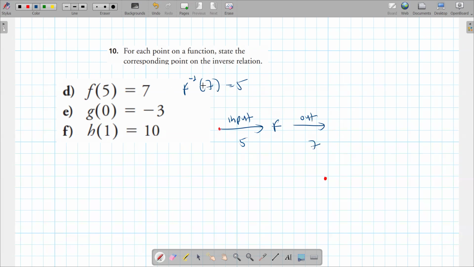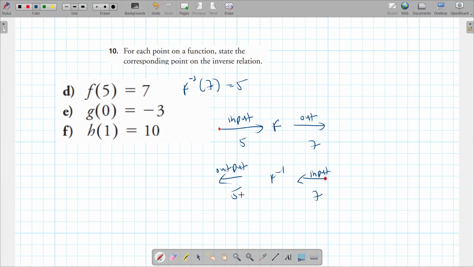So what that means is if you plug the value of 7 into the inverse function, you'll get an output of 5, right? It's the exact opposite. What are we trying to do? We're trying to input 7 in f inverse so that we get output 5. So if they give you f, g or something, they're asking you to find the inverse relation. You need to write it in terms of f inverse or g inverse.